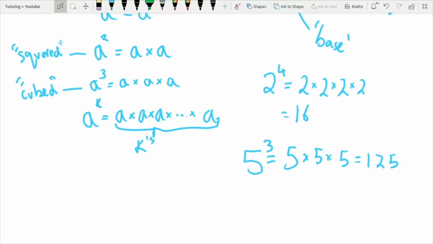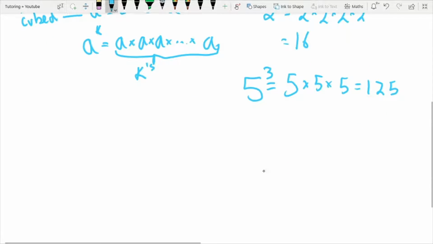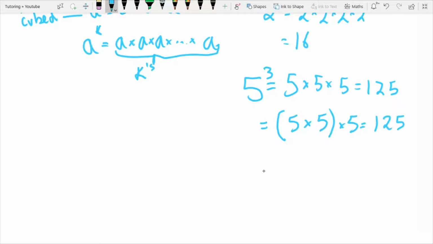If you had trouble doing this sum, you can break it into a smaller sum. So 5 cubed is the same as taking 5 by 5 first and then multiplying it by 5, which equals 125. So what is 5 times 5?